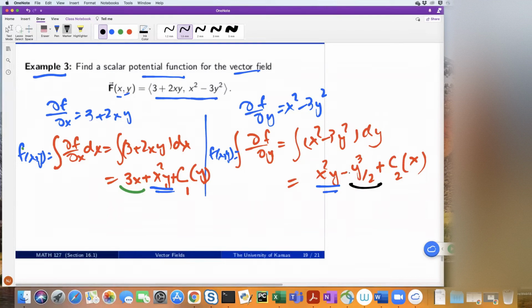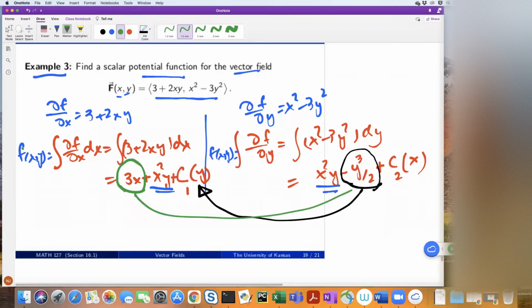But here's the deal. Look at this. This is just a function. Is this a function of y only? So that was the constant that showed up in that antiderivative. And over here, is this a function of x only? So that was the constant that showed up in that antiderivative. So you really have them on both.